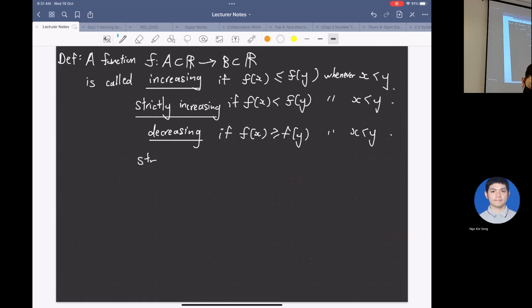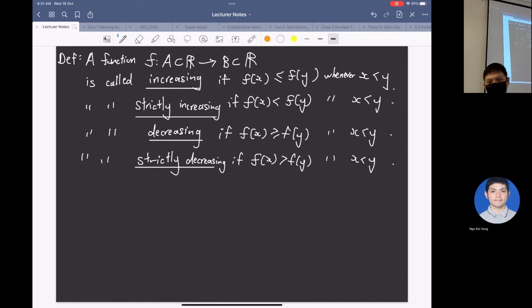And then strictly decreasing if f(x) greater than f(y) whenever x less than y, for all x and y in the domain of f.